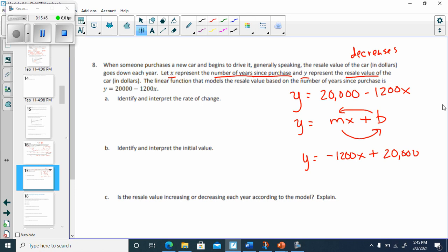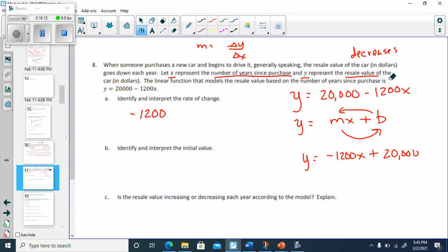So what is your rate of change? It's whatever is in front of the variable. It's negative 1200. And what does that stand for? Well, we're talking about the value of this car going down. If negative 1200 is our m, that's our change in y over our change in x.